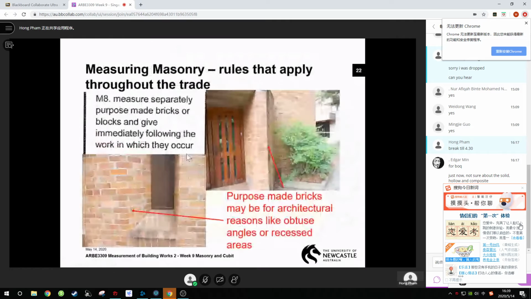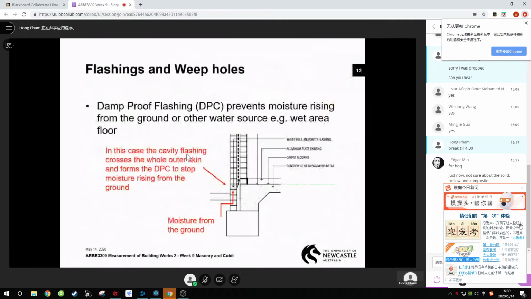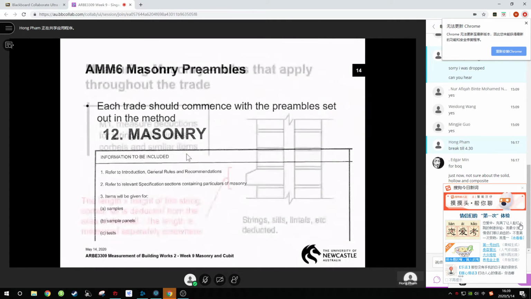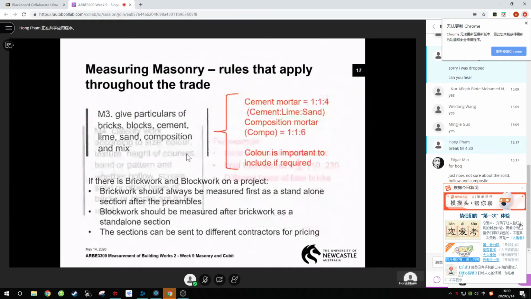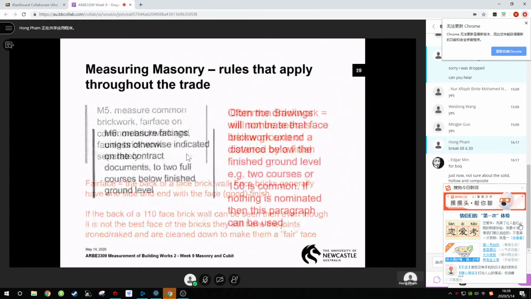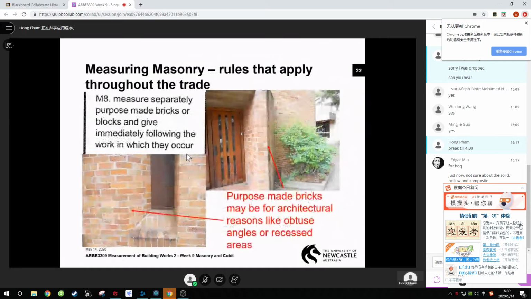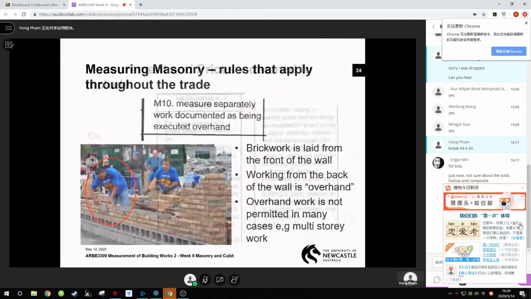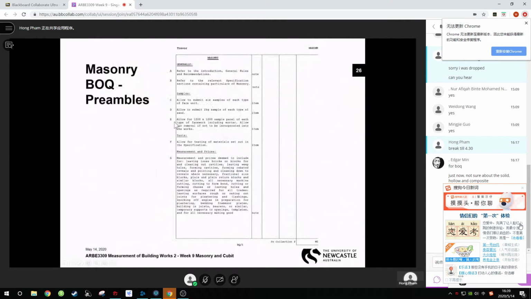So basically, we will type in BQ1 here. Okay, but we don't do all. Okay, we will do a few of these. Okay, for masonry, BQ1 here.